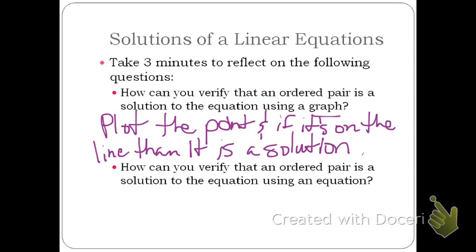How can you verify that an ordered pair is a solution to an equation using an equation?